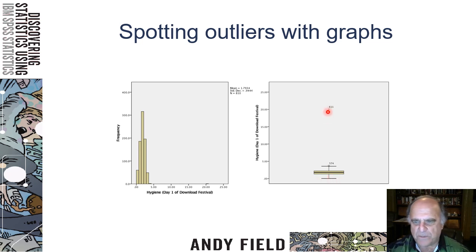You can see there's a point, person 611 right up here. That's the one with a score of 20. Now again, if we had cleaned our data, we would have gotten rid of that score of 20. A score of 20 is not possible on this rating scale. So not only is it an outlier, it should have been a data point that was cleaned. But anyway, this illustrates how we can use SPSS to find this outlier.